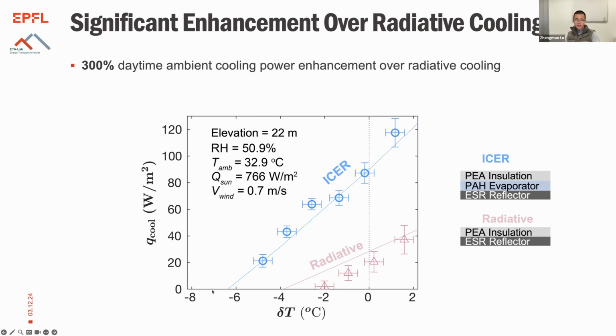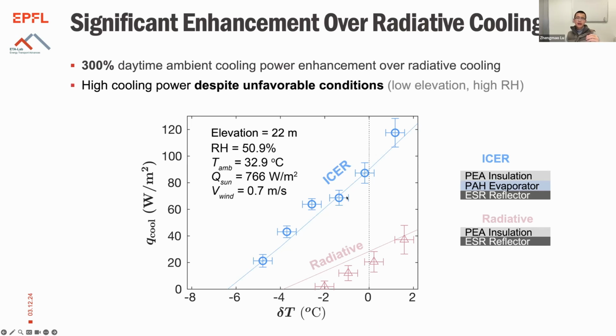So we put a certain heating power there, and we measure the temperature of the cooling stack, and delta T is this temperature relative to the ambient. So 0 is where ambient is at. And we see that at the ambient temperature, we have 300% cooling power enhancement from the pure radiative cooler, if you're looking at the number for the ICER.